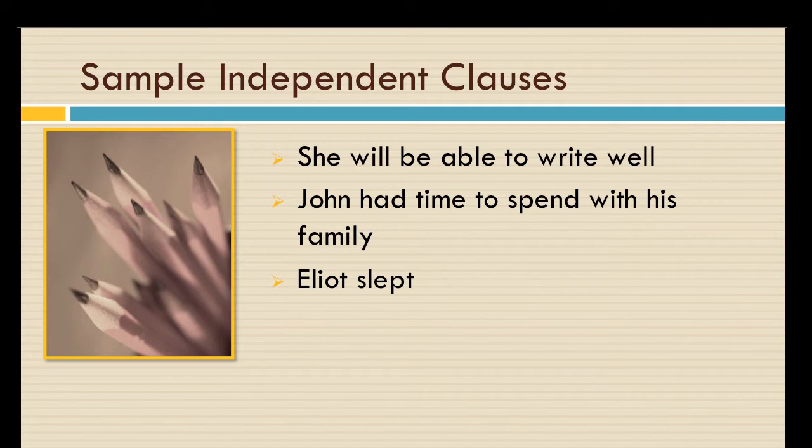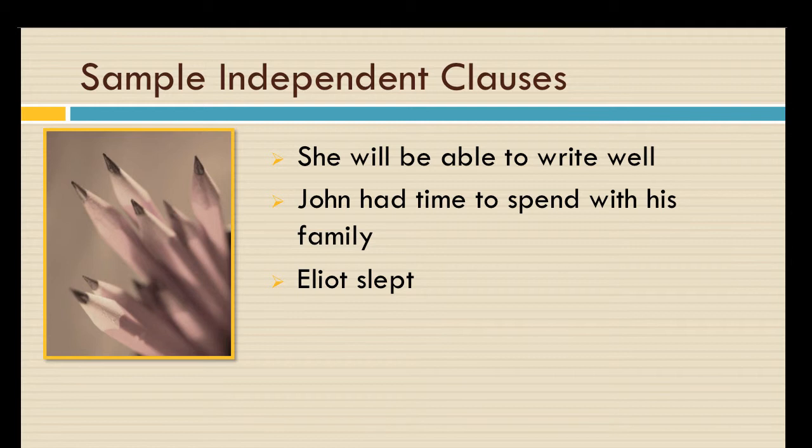Every sentence must have at least one independent clause. An independent clause can stand alone as a sentence. It also can be combined with phrases, dependent clauses, or even another independent clause within one sentence. But every sentence absolutely has to have at least one independent clause. Otherwise, it's a sentence fragment.